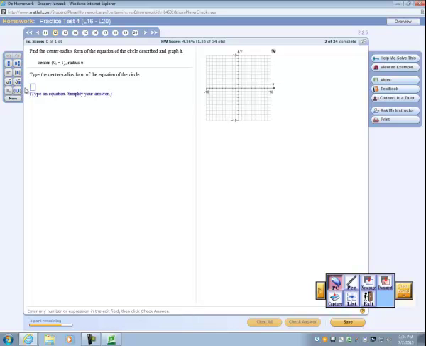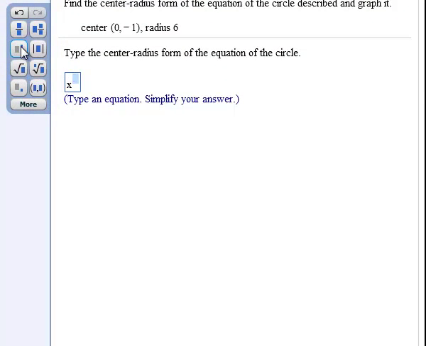So we're going to put in here x squared, move it right arrow, plus, and then parentheses, y plus 1, close it, and then exponent squared, right, equals 36.